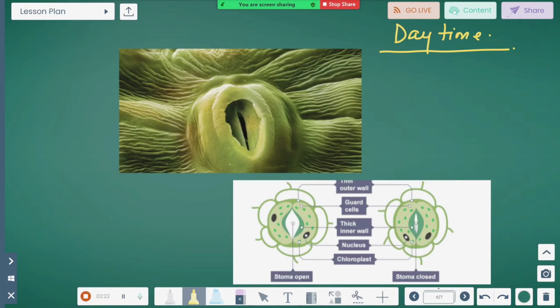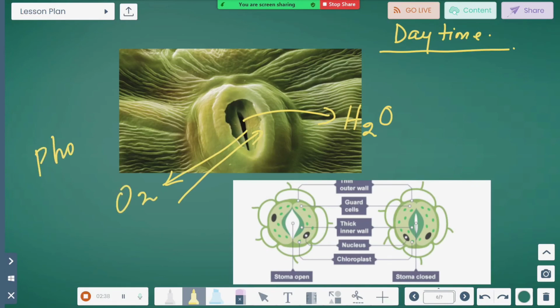At that time, if stomata are open, water will also be removed, and simultaneously there will be removal of oxygen, because photosynthesis is happening, and they will take in carbon dioxide into the plant cell. Why? Because they require carbon dioxide for preparing the glucose. So this is how the whole thing goes.